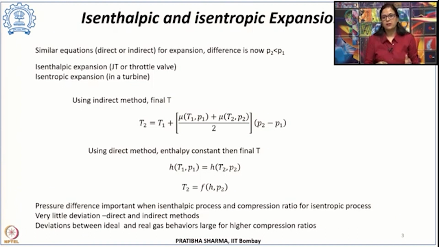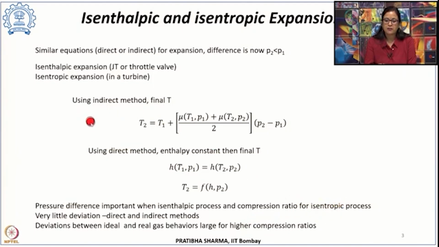The difference is that when we consider the process to be isoenthalpic, the pressure difference P2 minus P1 becomes important. However, when we consider it to be an isoentropic process, the compression ratio P2 by P1 becomes more important.